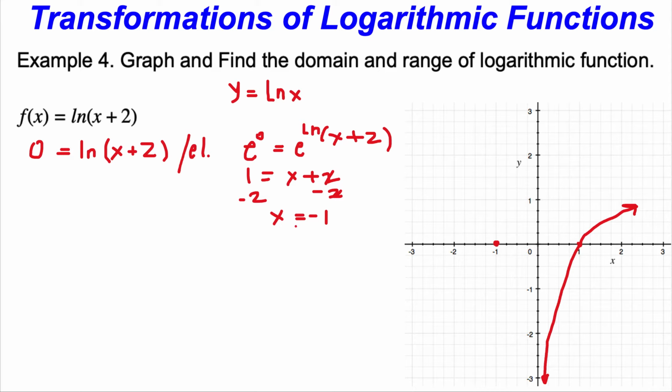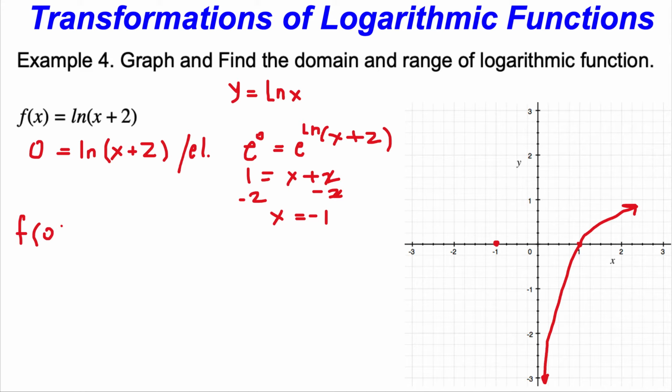But my point here is to find the y-intercept, because if I am transforming this function, the parent function, even if it's moving 2 units here, it's going to intercept y somewhere. I don't know exactly where, but let me find the exact value of the y-intercept. If I want to find the y-intercept, I'm going to make x 0 and find y.